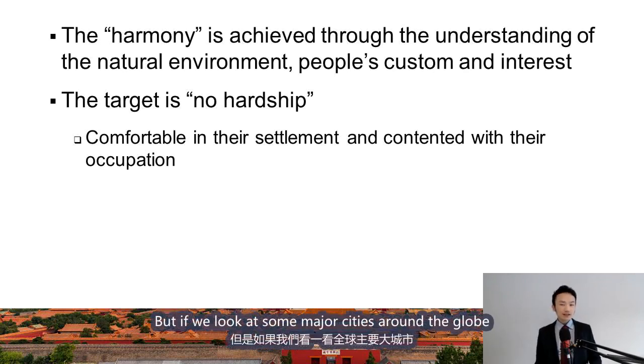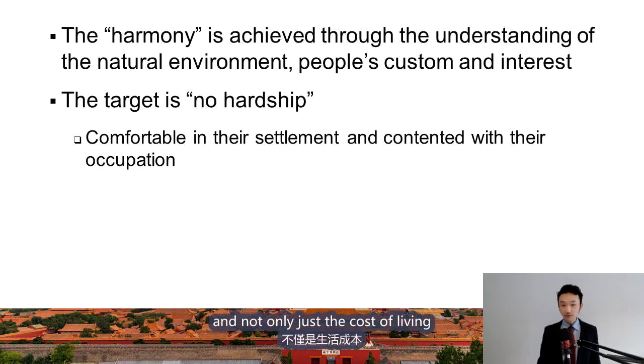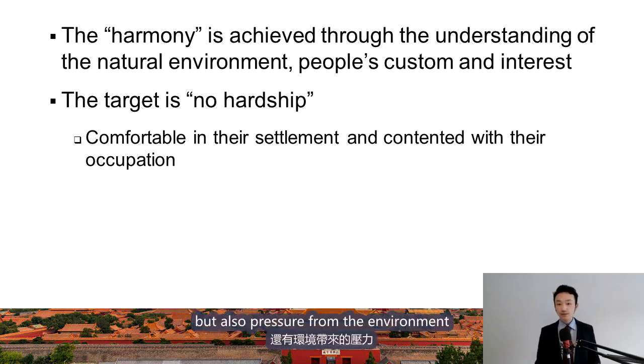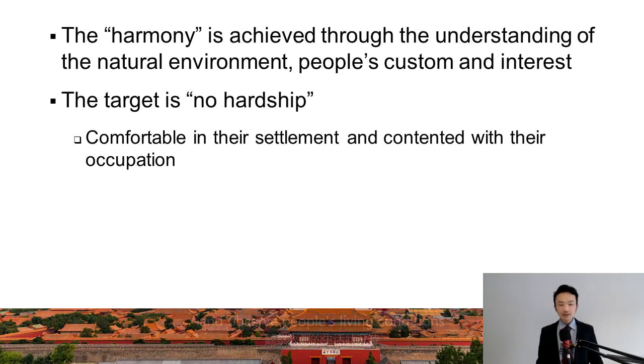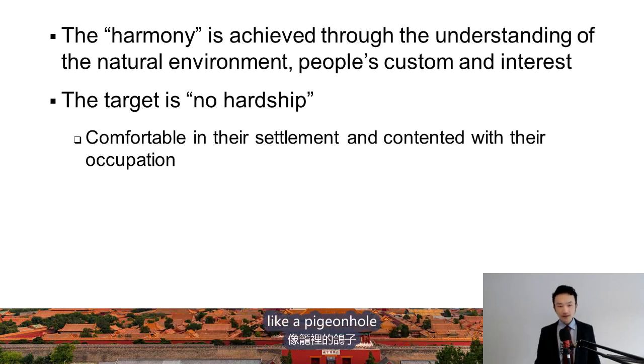But if we look at some major cities around the globe, citizens are under enormous life pressure, and not just the cost of living, but also pressure from the environment. I mean, sometimes, when I visit certain cities and observe people's living condition, I just wonder, how can people live in a box like that, like a pigeonhole?